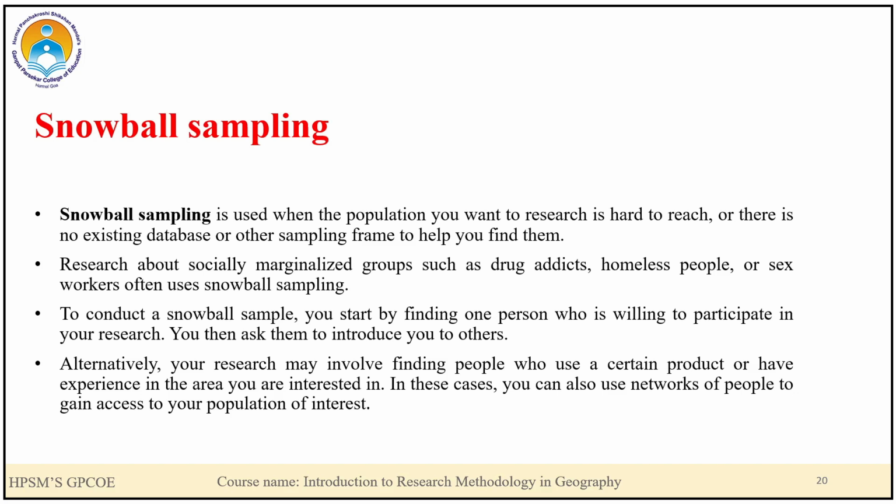You then ask them to introduce you to others. Alternatively, your research may involve finding people who use a certain product or have experience in the area you are interested in. In these cases, you can also use a network of people to gain access to your population of interest. It starts with one single person and goes up to the majority of the population. This is what is known as snowball sampling.